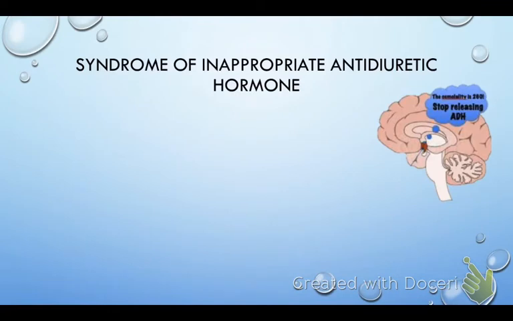All right, so syndrome of inappropriate antidiuretic hormone, SIADH. So what's going on? We have too much of the hormone, correct? Too much ADH. If we have too much ADH, what do we think is happening to the fluid in our body, the water?